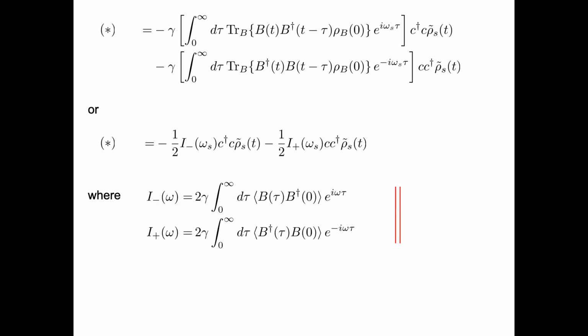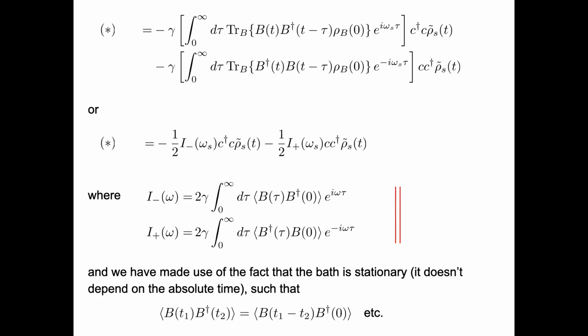Or, to be a bit more general, this correlation function is essentially an expectation value. You have a correlation function b of t, b dagger of t minus tau, acting on the equilibrium state. So we generate an excitation at t minus tau and then destroy an excitation at t.